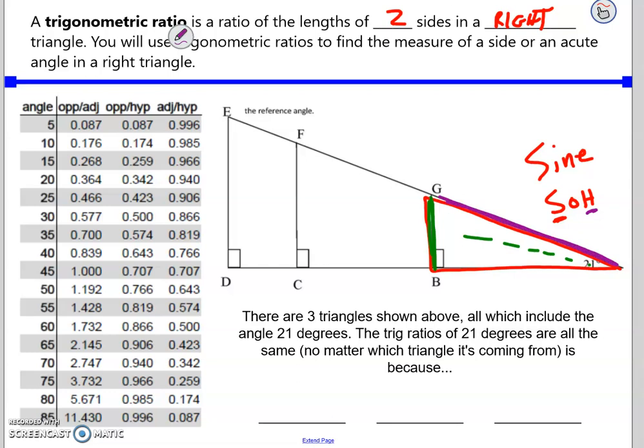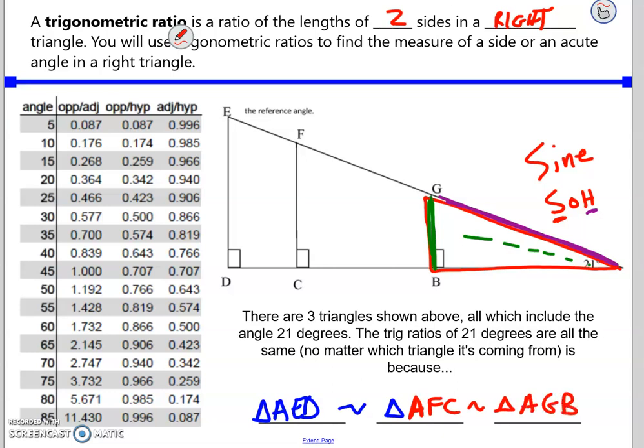The reason I'd get the exact same ratio is because all of those are similar triangles. So for example, triangle AED, which is the largest one here, that's the same as triangle AFC, which is the same as triangle AGB.